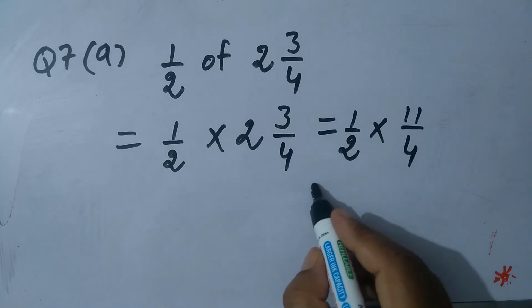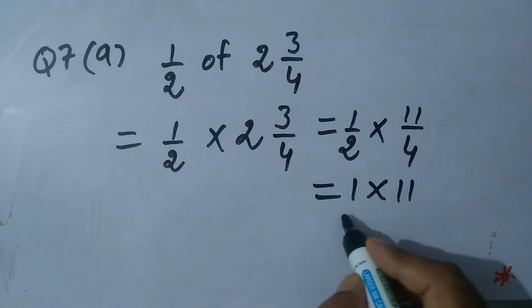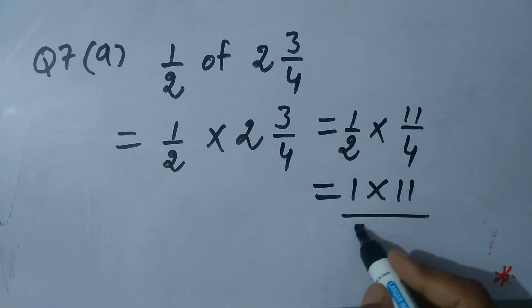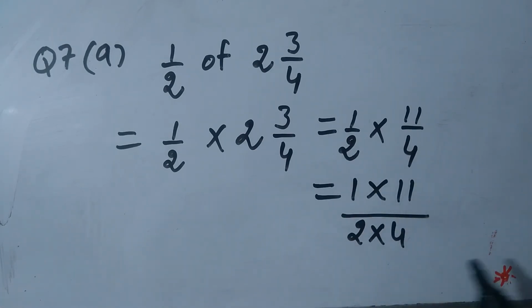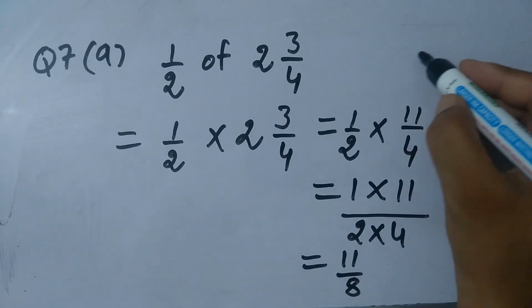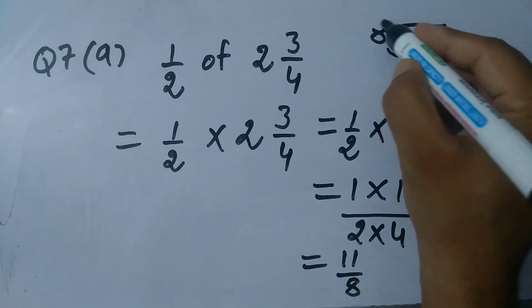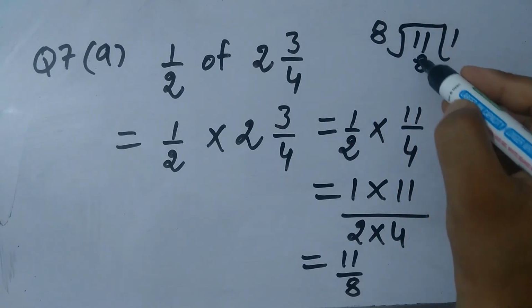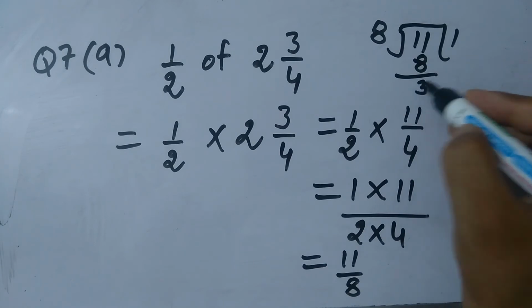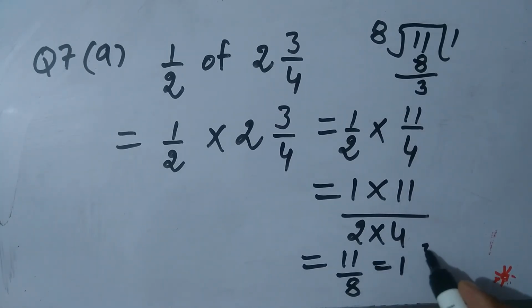So we write this as 1 into 11 divided by 2 into 4. So the answer is 11 upon 8. So we divide here. 11 is divided by 8. 8 ones are 8. Remainder is 3. So we can write the answer as 1 and 3 by 8.